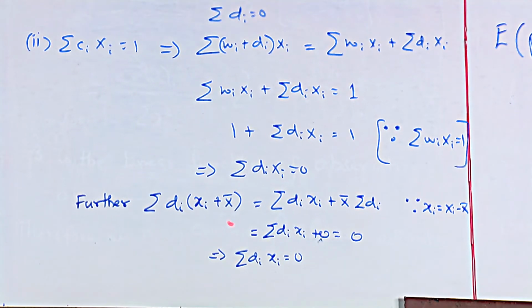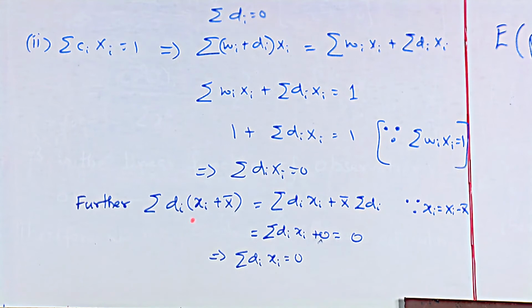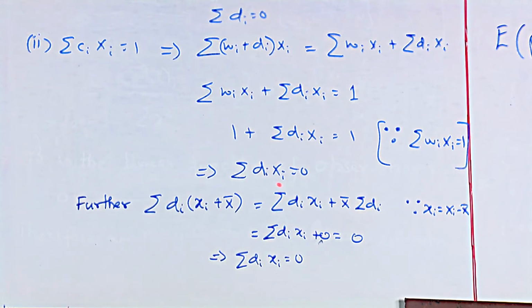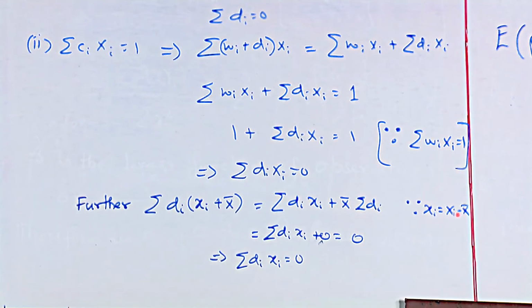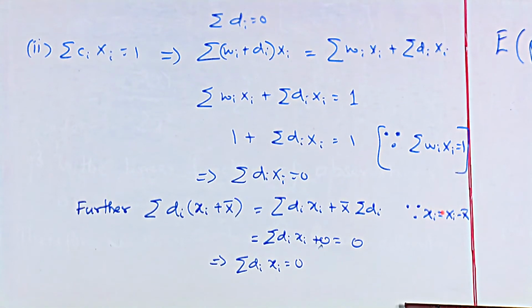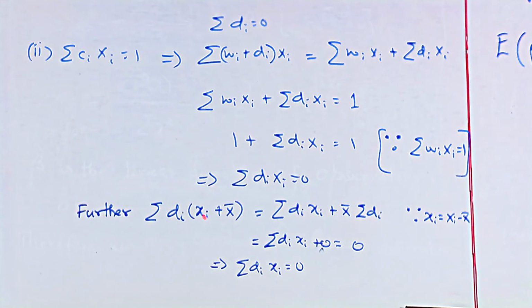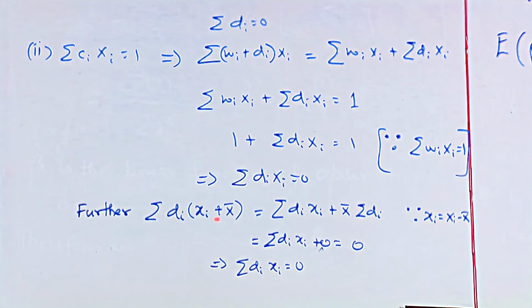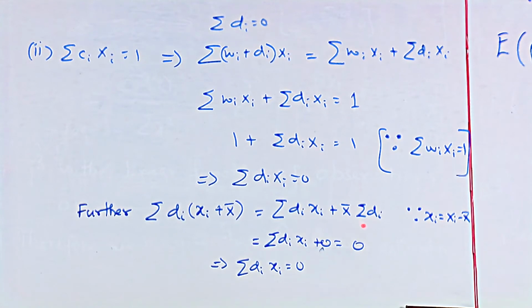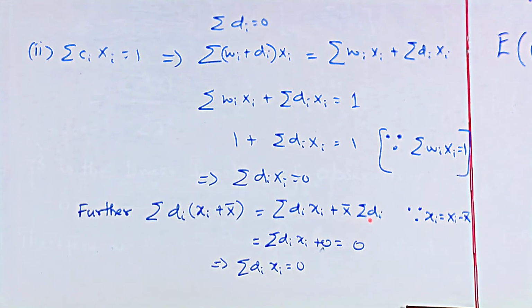We may derive further values. Σ Di Xi, we may substitute Xi as small xi plus x bar. So we may substitute this identity. We get Σ Di xi plus x bar Σ Di.